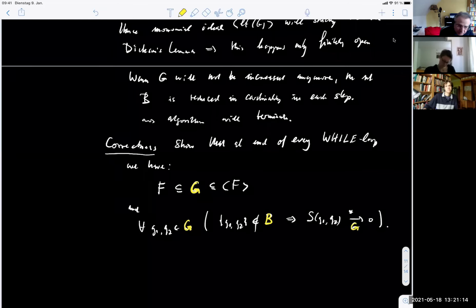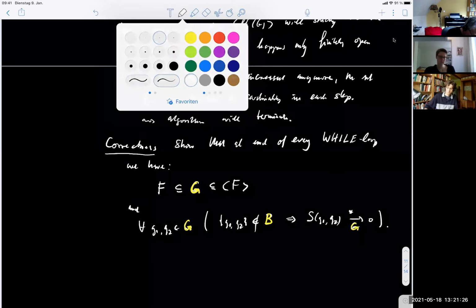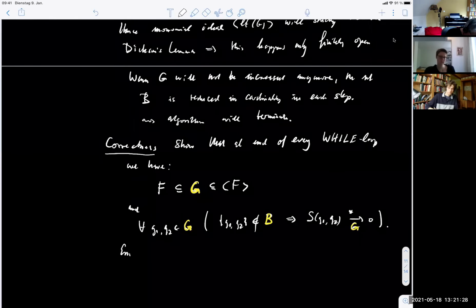So this we need to show. By the criterion for Gröbner basis, it's enough to show that. Because if the algorithm terminates, the set B will be empty.